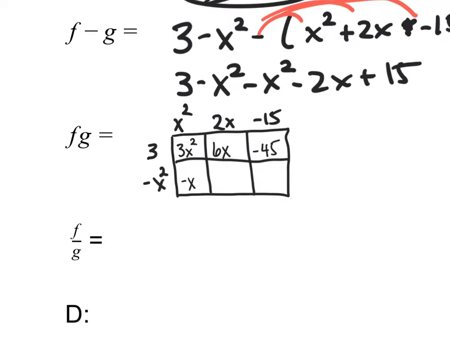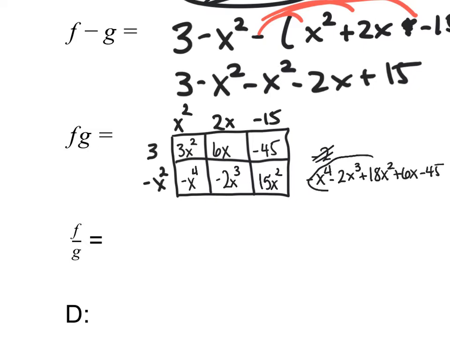This is going to be negative x to the 4th, negative 2x to the 3rd, and positive 15x squared. So when we write that in standard form, it's negative x to the 4th minus 2x to the 3rd plus 18x squared plus 6x minus 45.